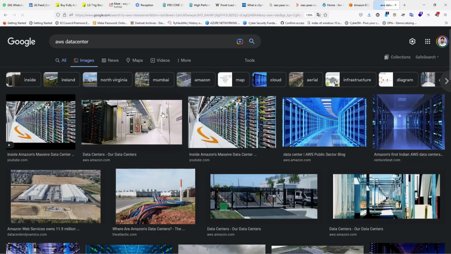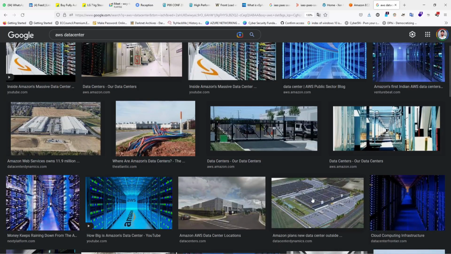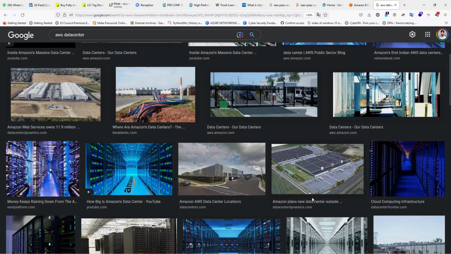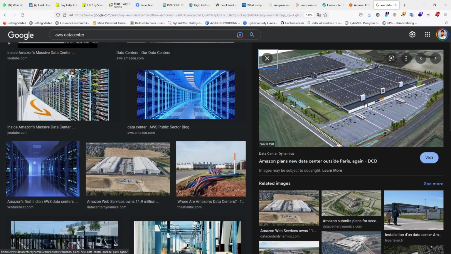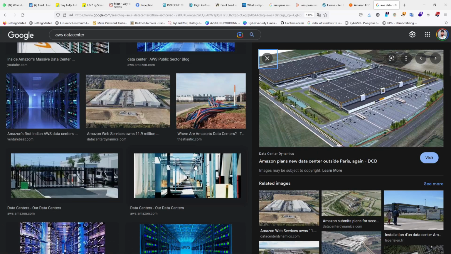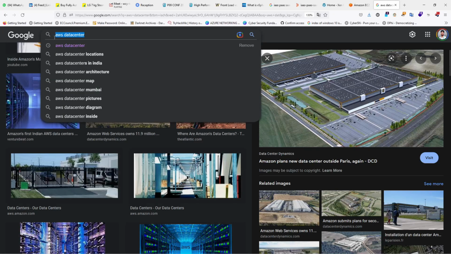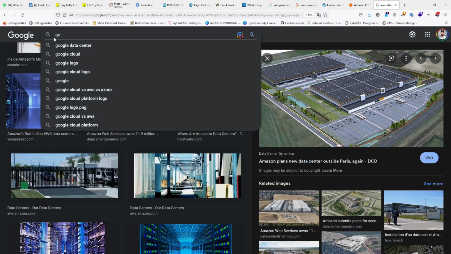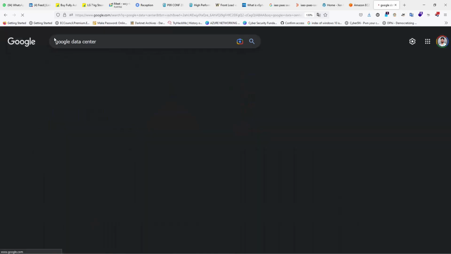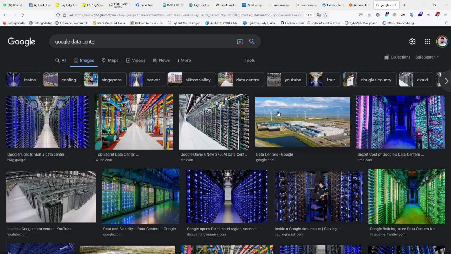For some locations these are big buildings covering 4 or 5 football grounds of area, like an acre. They have this whole setup and they are running lakhs of servers at the same time, so we don't know where your data is stored. Take Google: we have Google mail IDs, and a dedicated hard drive is kept by Google for each person.